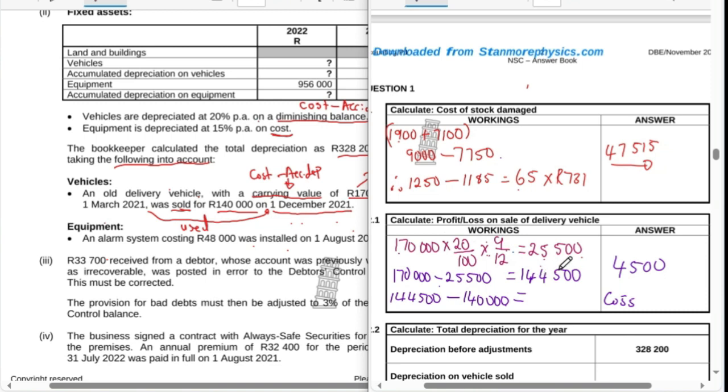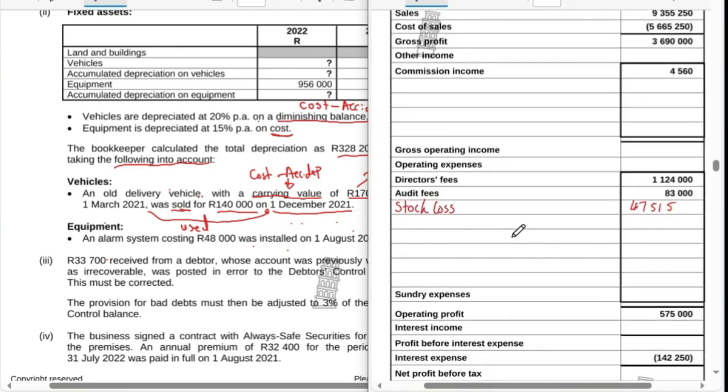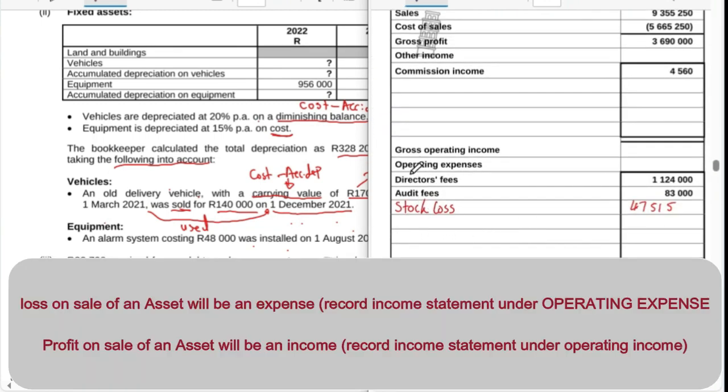From our current carrying value, subtract the money that we got, and if we get a positive amount, then we definitely made a loss. But if our carrying value before the sale of the vehicle is less than the amount that we got, then we made a profit. So since we made a loss, guys, we need to go to our income statement under operating expenses, and write our loss.